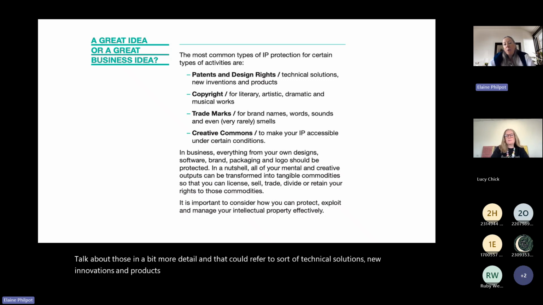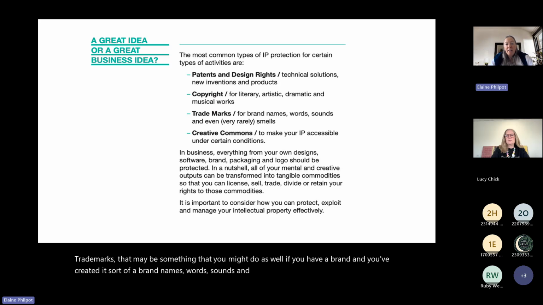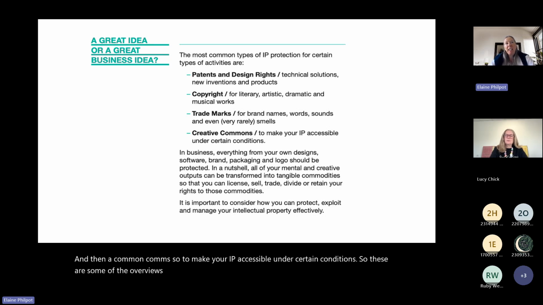Copyright is used for artistic, dramatic, musical and literary works. Trademarks may be something you might do as well, if you have a brand and you've created it, for brand names, words, sounds, and even, very rarely, smells. And then creative commons, to make your IP accessible under certain conditions. So these are some of the overviews of the key terms you might want to start to develop a knowledge and awareness of.